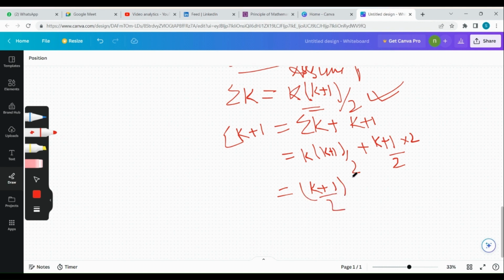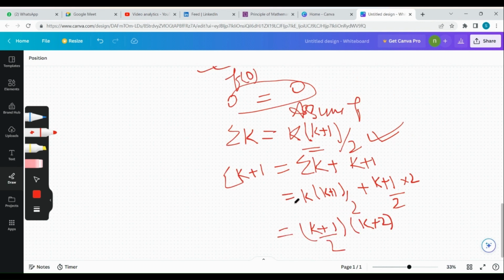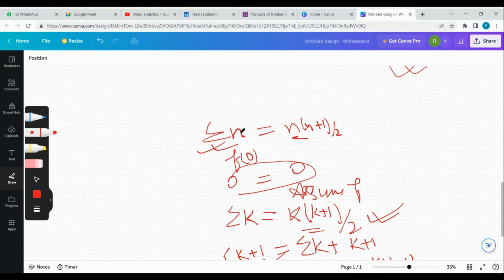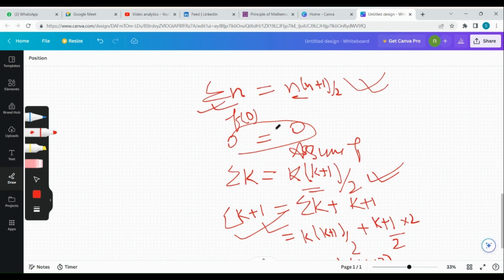We are left with k plus 2. If you see properly, have we proved that k plus 1 is true? Put k plus 1 in place of k. So it's k plus 1 into k plus 1 plus 1, that is k plus 2, upon 2. So we have proved that k plus 1 holds true. So we can say that f of n, or the summation of n, that is n into n plus 1 divided by 2, holds true, right?